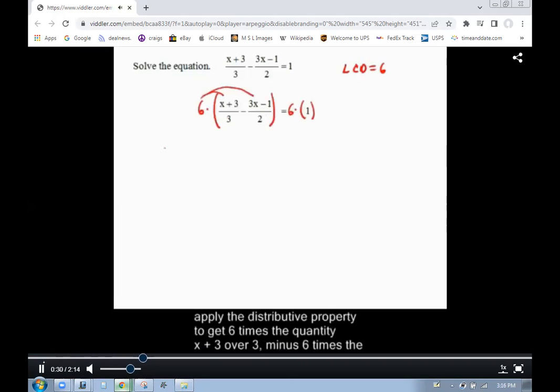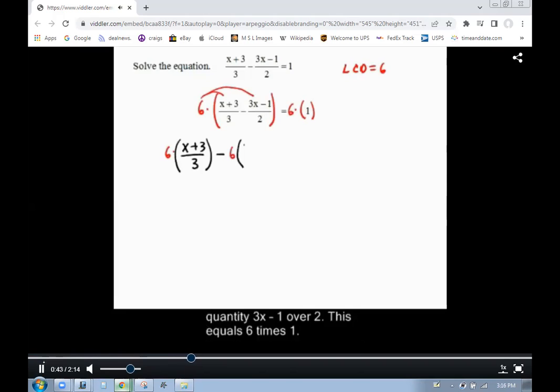I'll apply the distributive property to get 6 times the quantity (x + 3)/3 minus 6 times the quantity (3x - 1)/2. This equals 6 times 1.